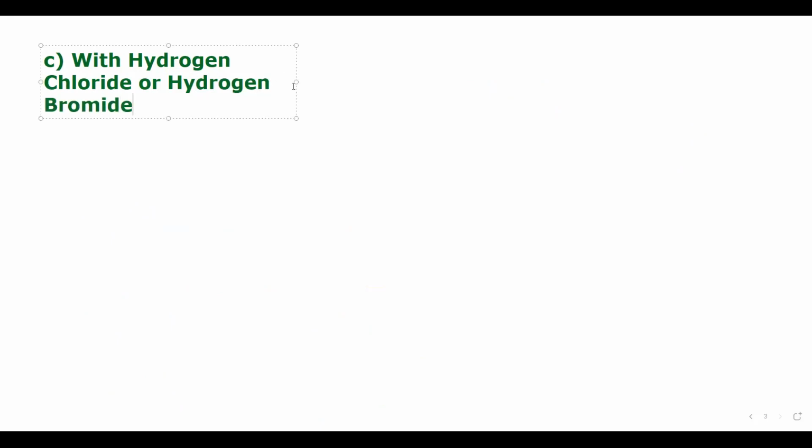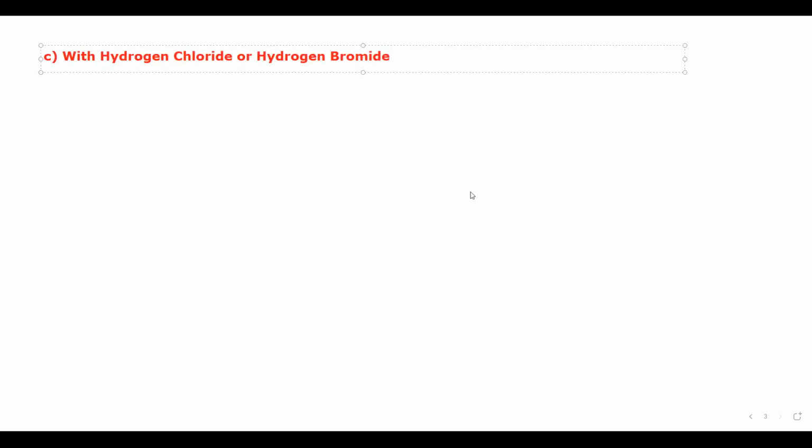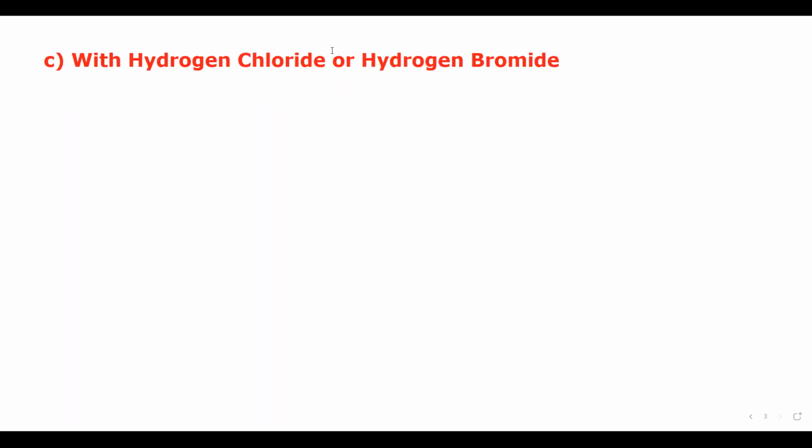So if alkene reacts with hydrogen chloride or hydrogen bromide, if we have alkene plus hydrogen chloride, it will give chloroalkane.